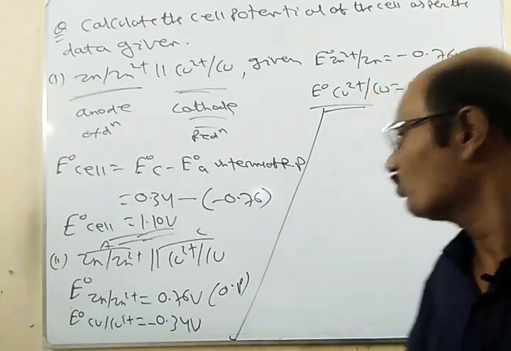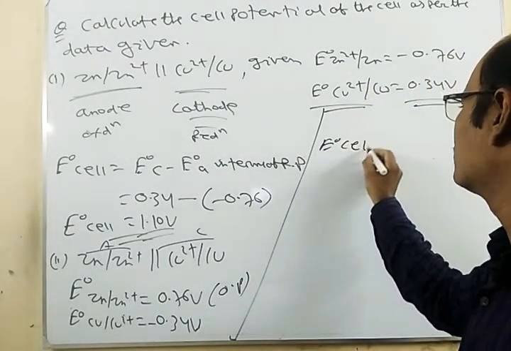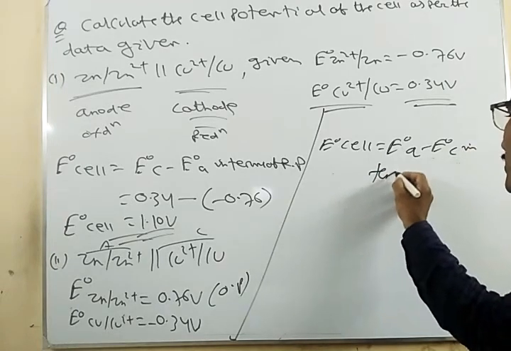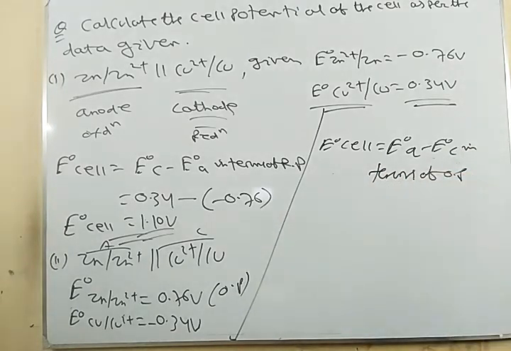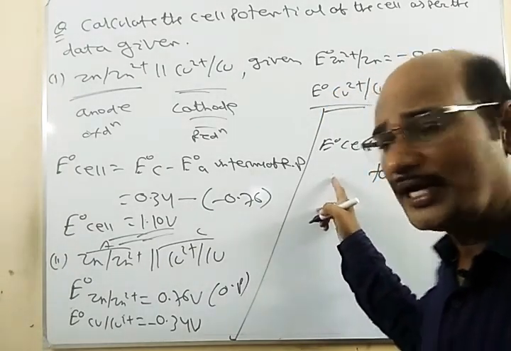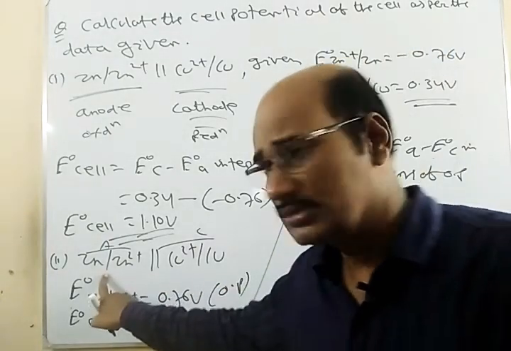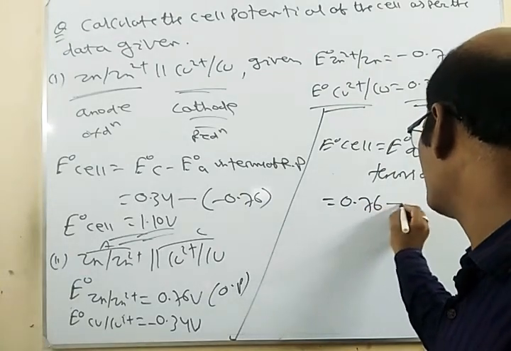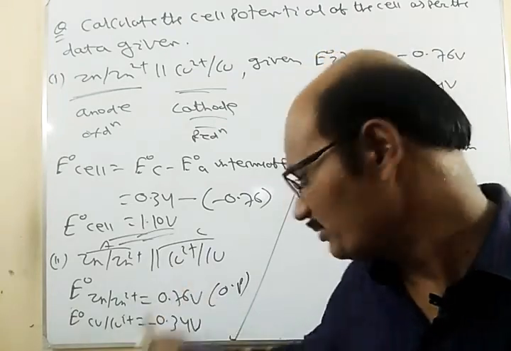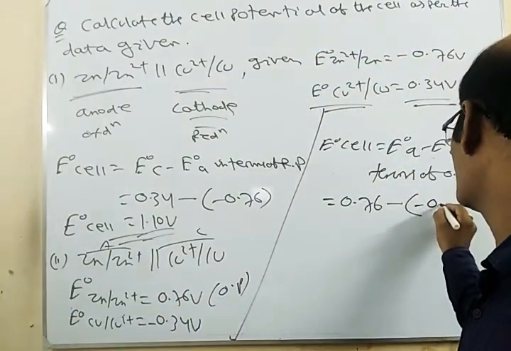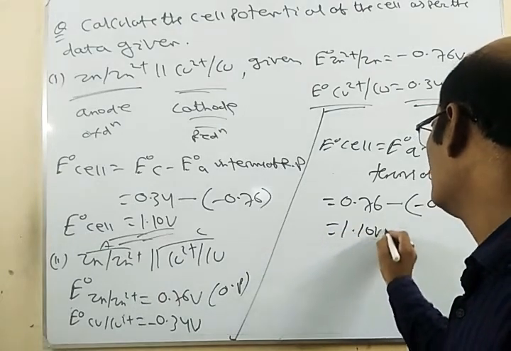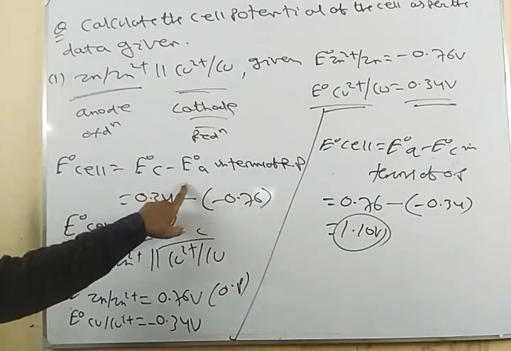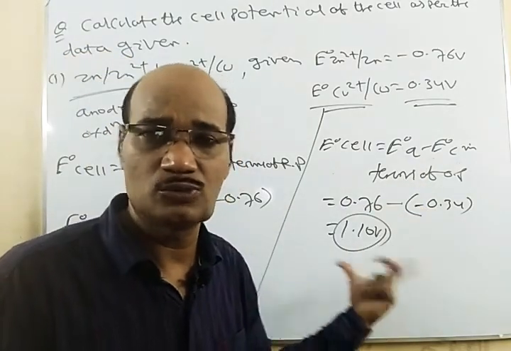Here OP is given for both. So E naught cell is equal to E naught anode minus E naught cathode, in terms of OP. The anode Zn2 plus is 0.76, minus the cathode, minus 0.34, which equals 1.10 volt. In terms of RP, cathode minus anode; in terms of OP, anode minus cathode. The value is the same.